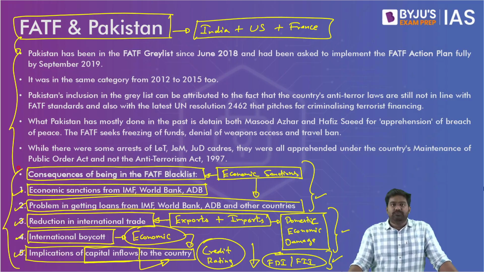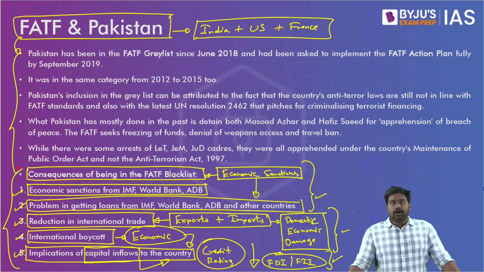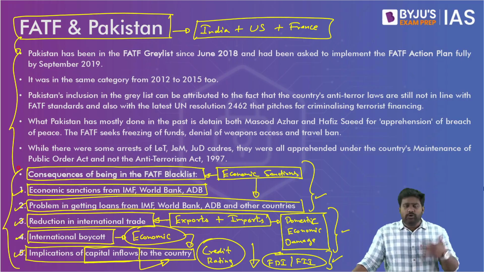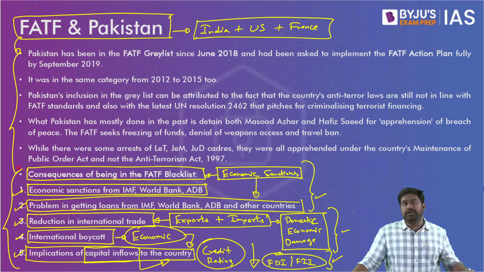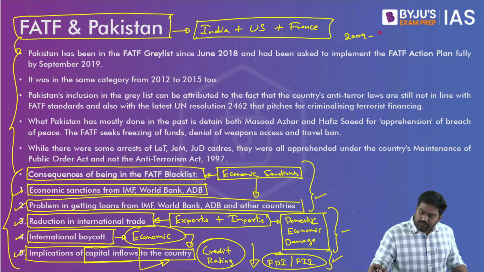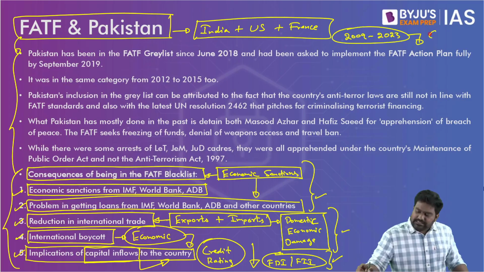Pakistan is a lead sponsor of terrorism, as we have studied. So Pakistan was not following the standards. It was deliberately avoiding or violating FATF standards, and it was allowing money laundering to continue, terror financing to continue. So from 2009 till 2023, Pakistan has been grey listed multiple times.